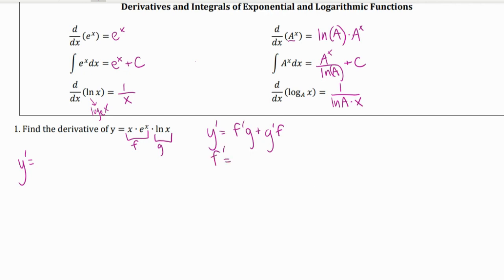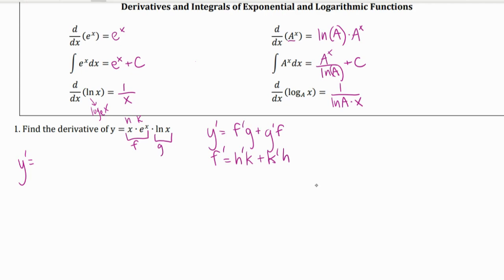F prime is going to need the product rule in and of itself because the derivative of x times e to the x is going to be, we'll call this h and k, that would be h prime k plus k prime h because f is a product. So I have to use product rule within product rule for this one.